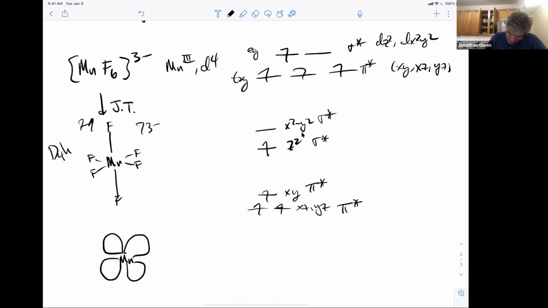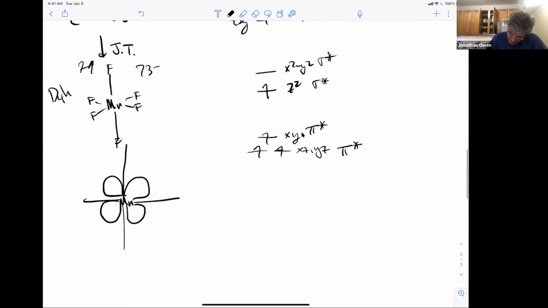I really find it hard to draw with these pens. Right? You got these fluorines right here. Here, this distance is kind of long and this distance is short.